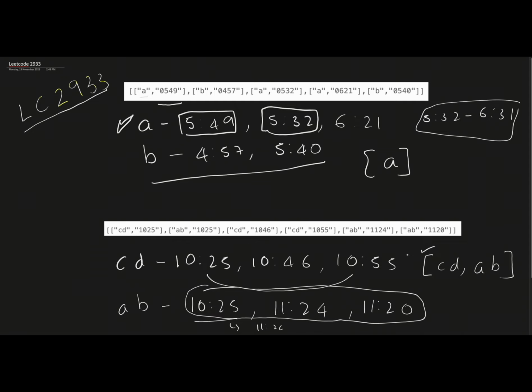So how do we go about solving this question? First thing we want to notice is, for let us say CD, we have three times, which are 10:25, 10:46, and 10:55. How would I compare whether these times fall within 60 minutes or not?